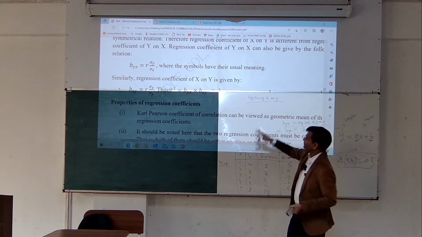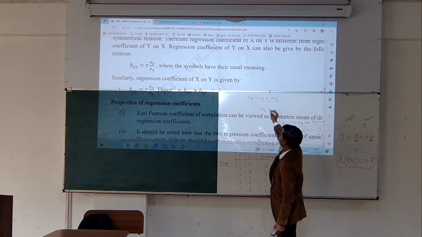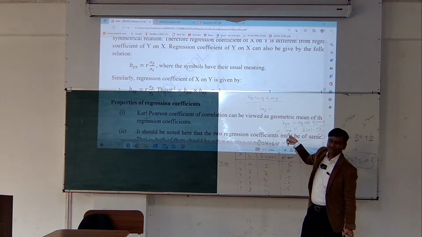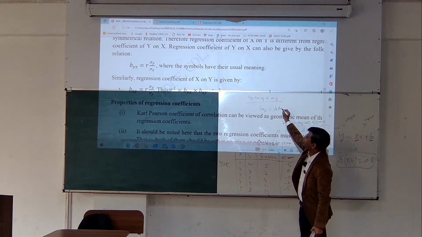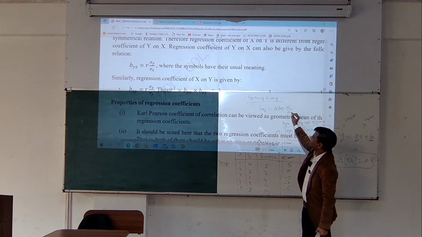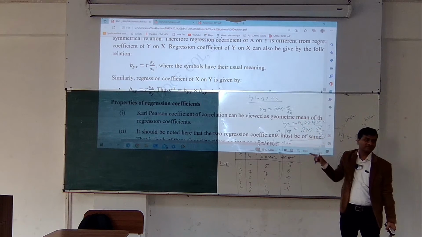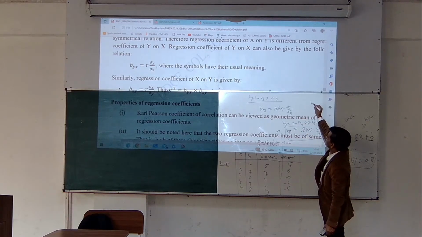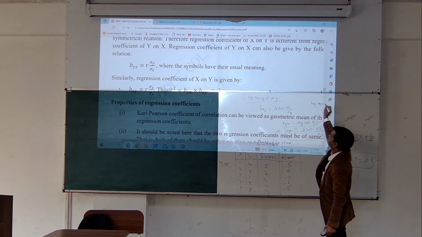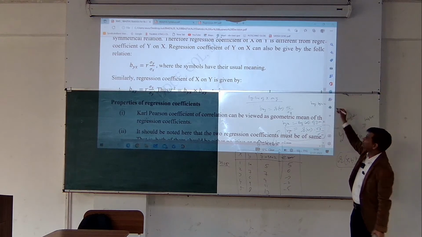So for x on y, you have to find bxy. यहाँ पे आपने byx निकाला, here you have to find bxy, and bxy would be again rxy into sigma x upon sigma y. Not sigma y upon sigma x here; here you have sigma x upon sigma y. And if you multiply bxy into byx, you can see sigma x and sigma y would be cancelled out and you are left with r square.